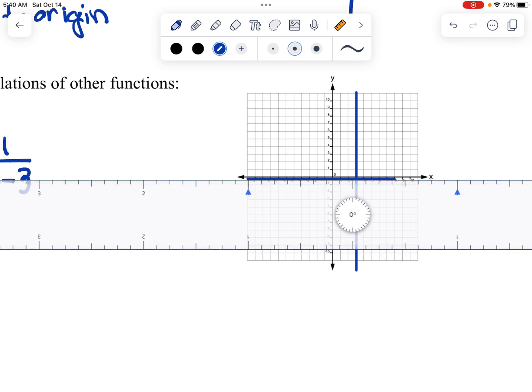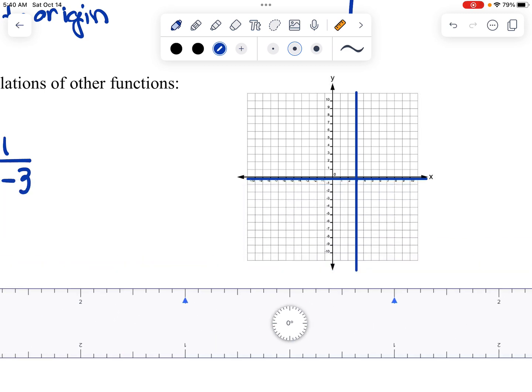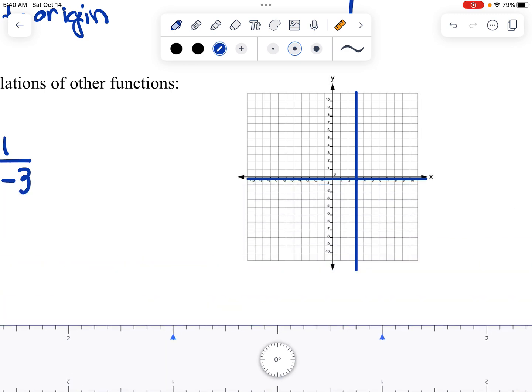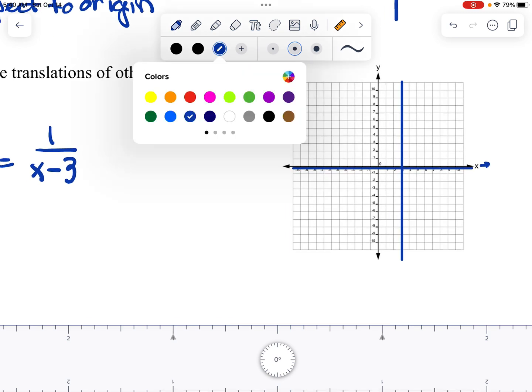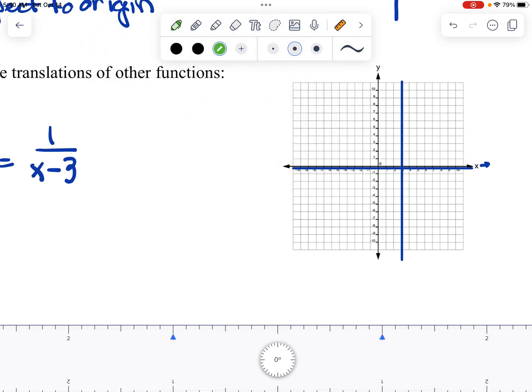I still have my horizontal asymptote y equals 0. If you move that 3 units, it doesn't really affect it. And now I want to graph my points. Think of them in the same relation as what we did before. If I plug in, you can do your table if you'd like.